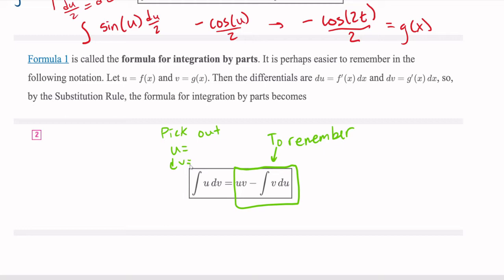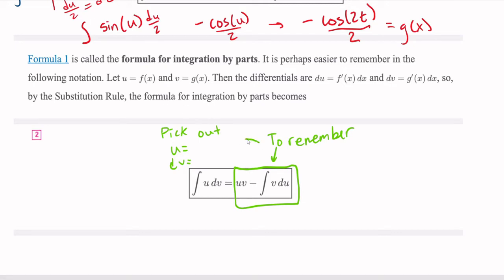We're going to pick out a function and call it u, pick out a function and call it dv, and then we need to remember uv minus the integral of v du. Just say it to yourself enough so that's in your head. But that's it. We pick out which function is which, we remember this formula, and we go. All right?